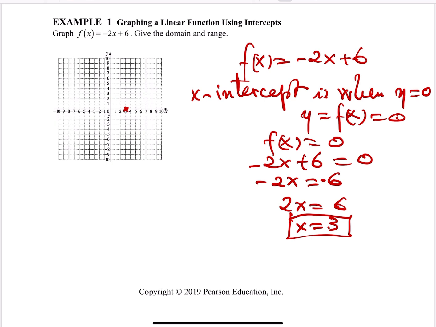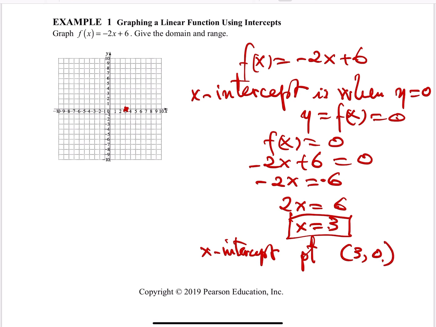So we have one point, and the first point is the x-intercept point, which is (3, 0). This is our first point, right here.